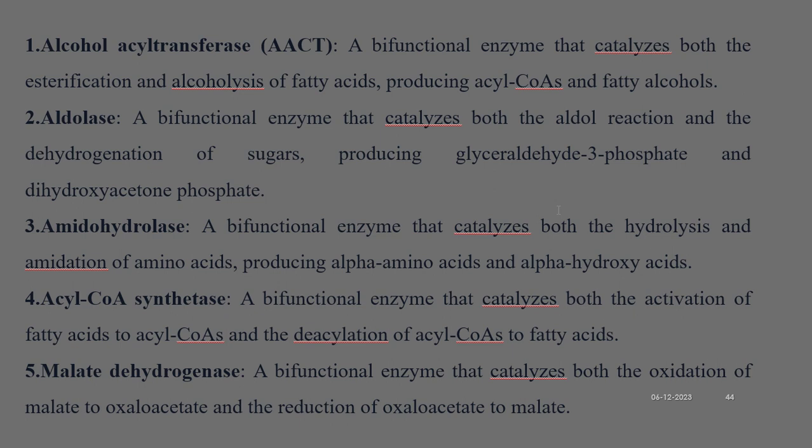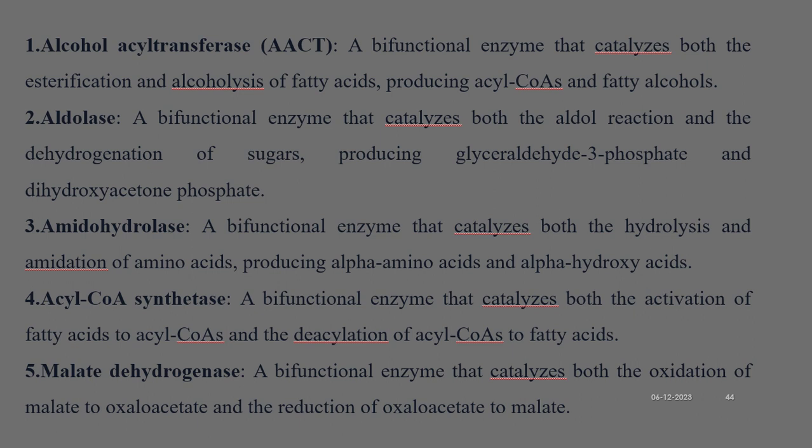Another example you will find in the citric acid cycle, or Krebs cycle, is malate dehydrogenase. It is also a bifunctional enzyme and catalyzes both the oxidation of malate to oxaloacetate and the reduction of oxaloacetate to malate. The same enzyme can work in both directions.